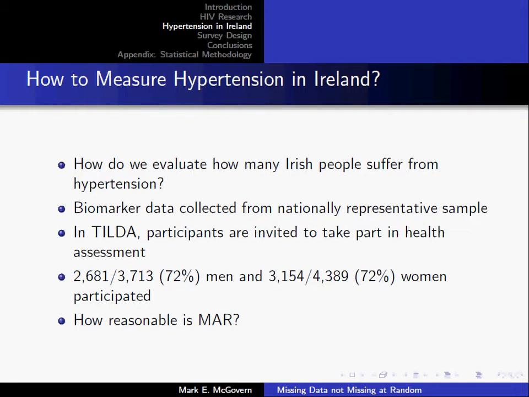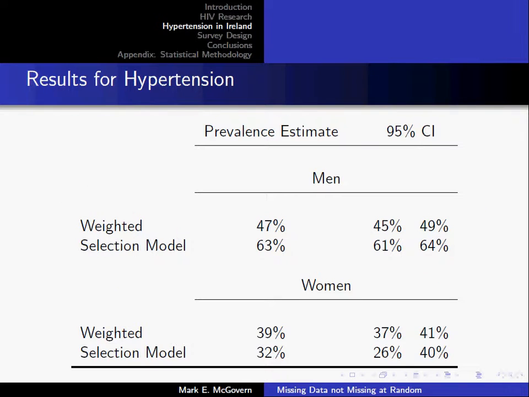But essentially, when you apply this selection model, what you find is that there's some suggestion that the men who are not testing have higher rates of hypertension. So this is consistent with the idea that people don't want to do the health assessment, or are not able to do it, if they're less healthy. Whereas for women, you see a lower point estimate, but again, very wide confidence intervals. So that's an illustration of the type of application that you could use.